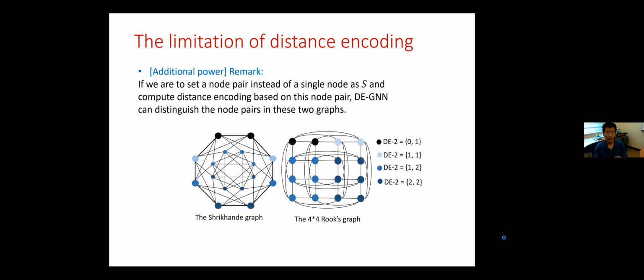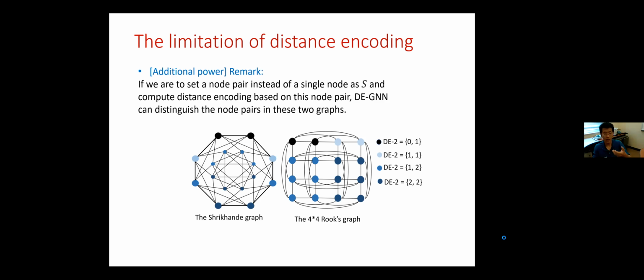But I would also like to mention an additional remark here. Although we have the limitation of distance encoding for the single node representation, if we use a node pair as our target node set S and compute the distance encoding based on this node pair, then our distance encoding technique may provide some extra power.